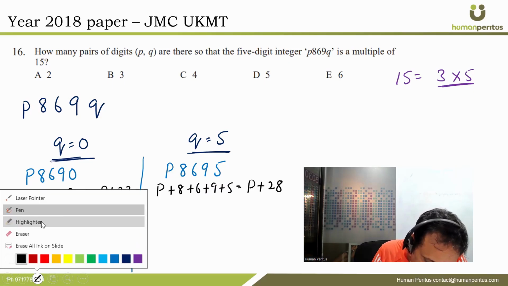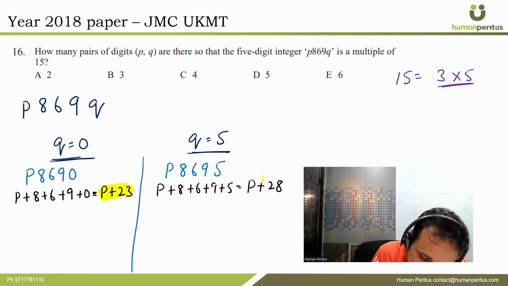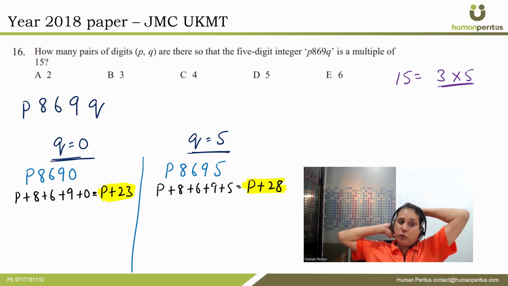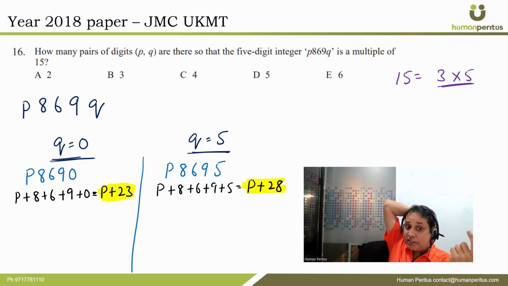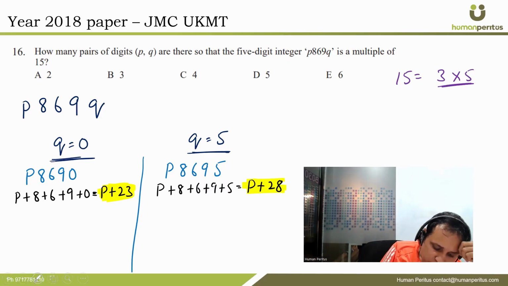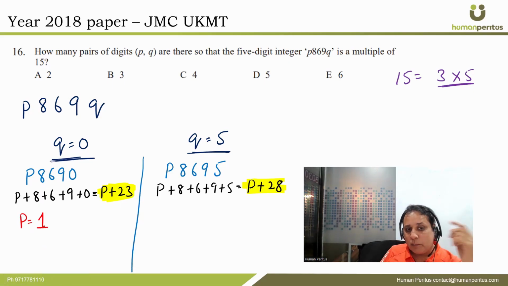Now these numbers have to be divisible by 3. So what should we add to 23? We have to add something, which is P, a single digit number, so that it becomes a multiple of 3. The next multiple of 3 after 23 is 24. So if P is 1, it will work, because then P plus 23 becomes 24, which is divisible by 3.